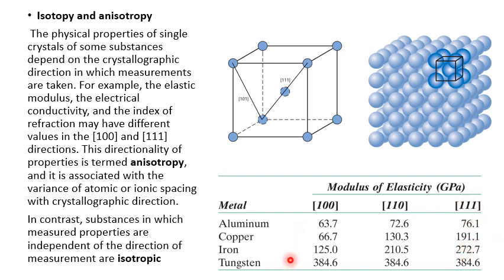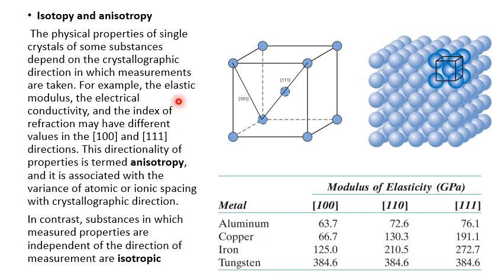On the other hand, tungsten with BCC structure exhibits the same modulus of elasticity in the three tested directions. A material that exhibits the same mechanical or physical properties in all directions is called isotropic.